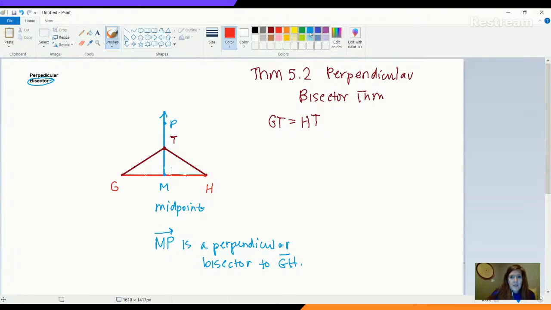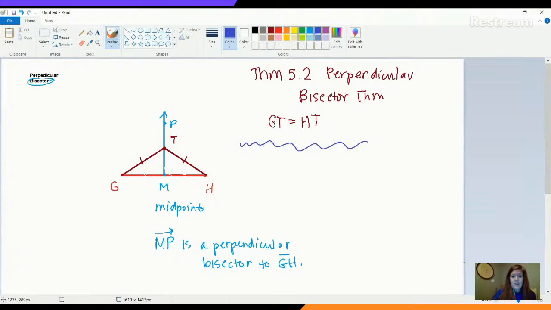I've got line GH, and I've got another line or ray PM or MP, and I've got a point on PM that's T. And guess what? I figured out that GT is congruent to HT. So I'm starting knowing that. What do you think you can conclude about, is MP a perpendicular bisector or not? And that's what our second theorem is.